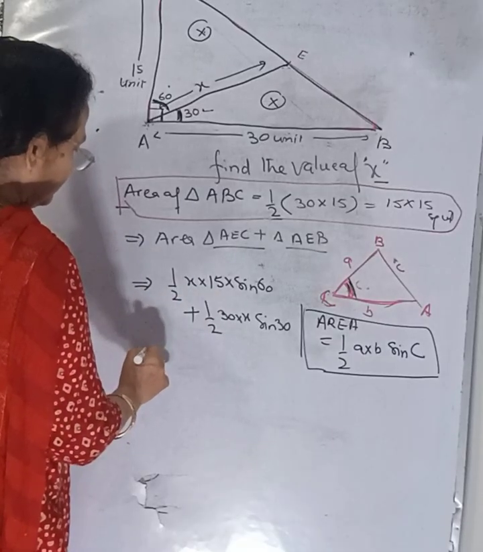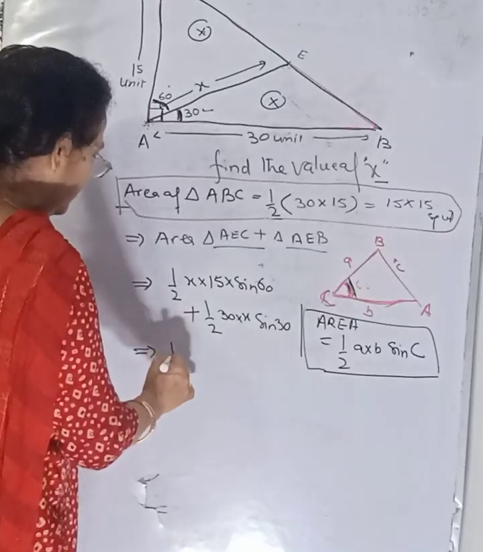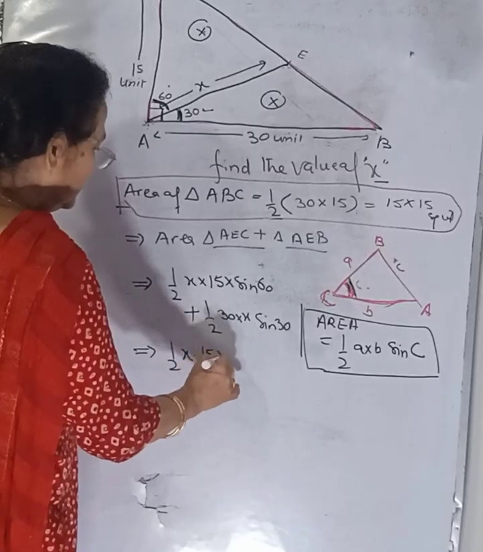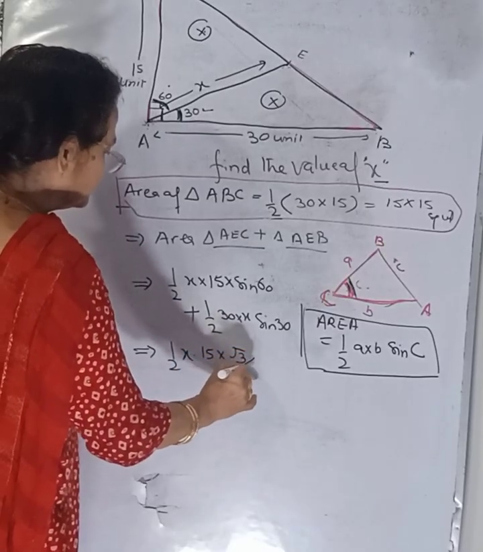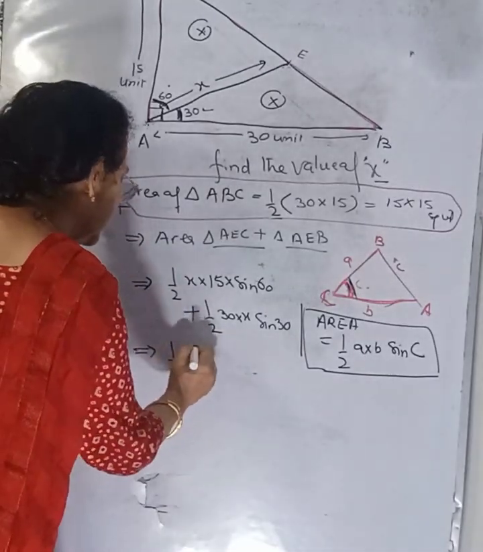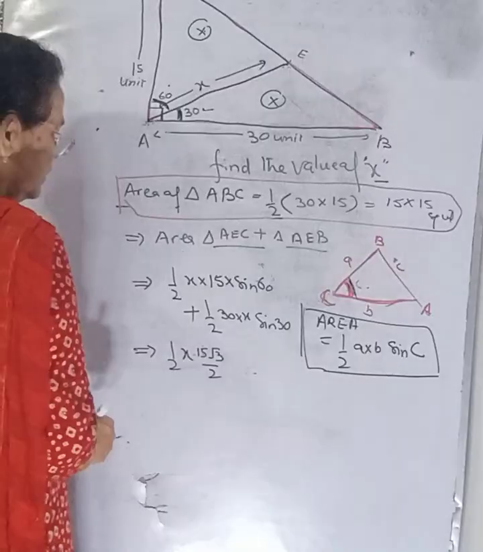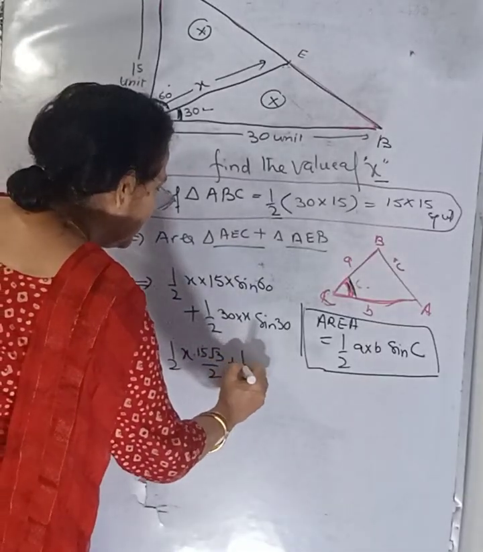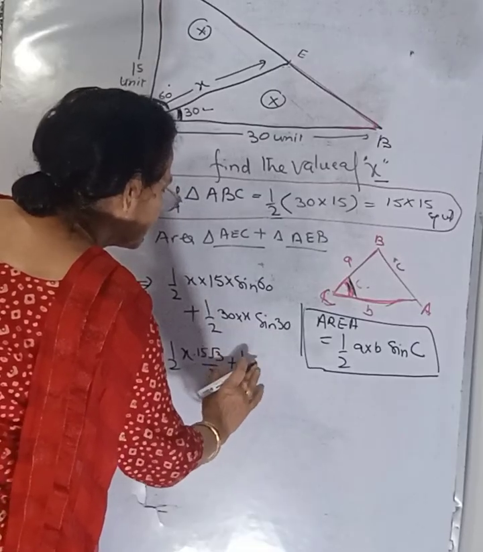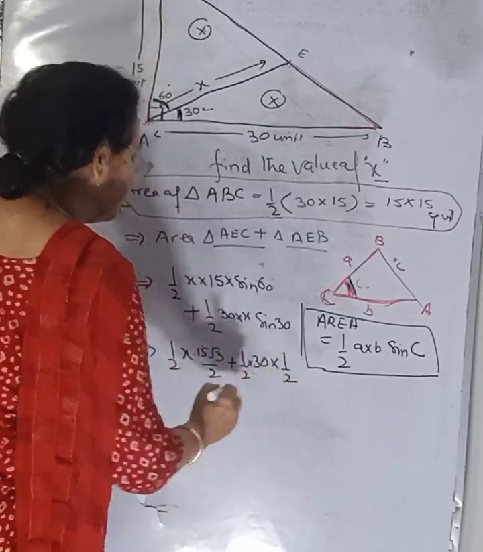Putting these values, sine of 30 we know is equal to 1/2 and sine 60 is equal to √3/2. So 1/2 x into 15 into √3/2, that is 15√3/2 x, plus 1/2 into 30 into x into sine 30 is equal to 1/2.